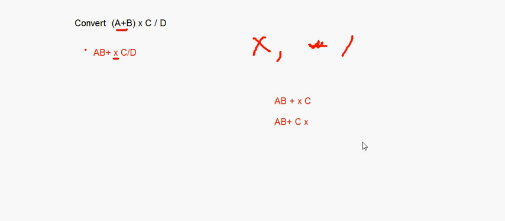So that thing I'm going to write here, ab plus c into, okay. Now after that you have got divided by d, this is what we have, right? So basically now this part up till this part is converted into a postfix, right?